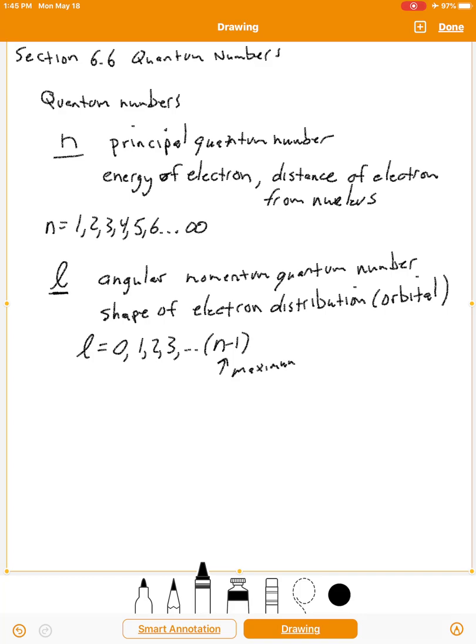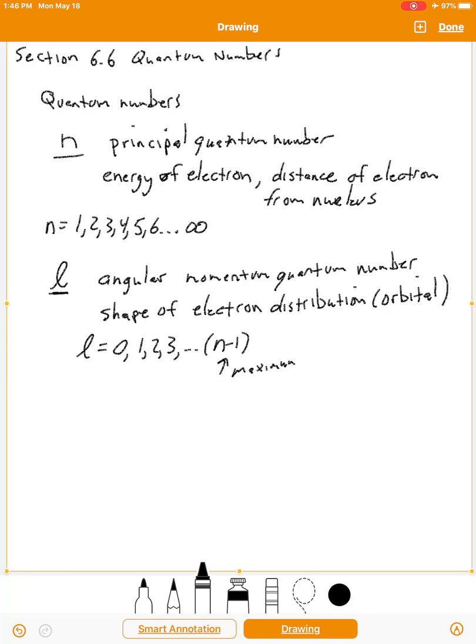So for example, if n is 3, L could be 0, that's less than n, or it could be 1, that's less than 3, or it could be 2, that's less than 3, less than n, right? So anything less than n, starting at 0. This essentially gives us the distribution of how the electron is spatially related to the nucleus. It's an interesting quantum number. It's an important one for us in chemistry. We'll talk more about it when we get into the atomic orbital discussion.